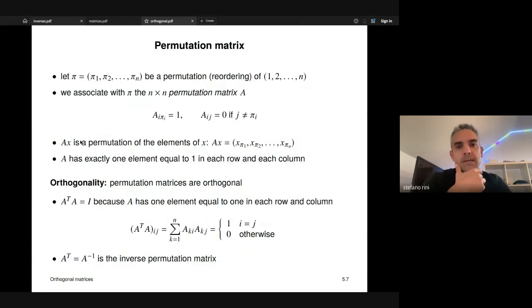The permutation matrix is a special case of an orthonormal matrix. In the permutation matrix, you have only one non-zero element for each row and one non-zero element for each column. If somebody gives you a certain reordering, you start with pi, which is from 1 to n, then you apply this permutation matrix.